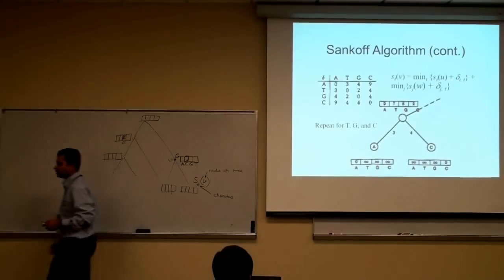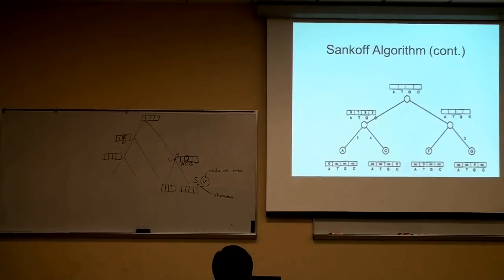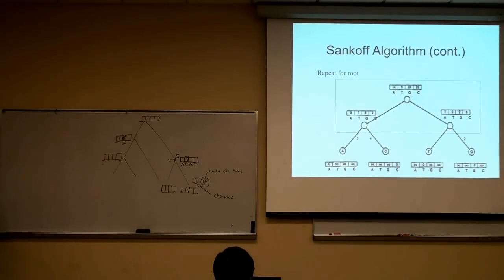So maybe there is an example, here's that example. We have 9, 7, 8, 9 already filled in. Repeat for the right subtree, and we fill in 7, 2, 2, 8. Okay? You can just do it. And now we'll look at what happens for the root.